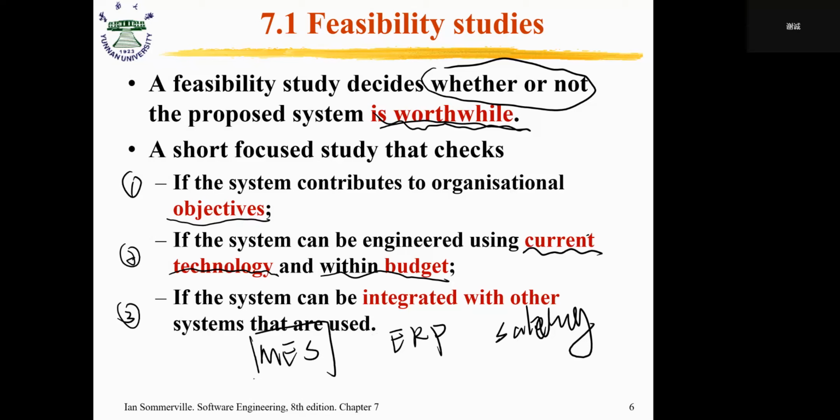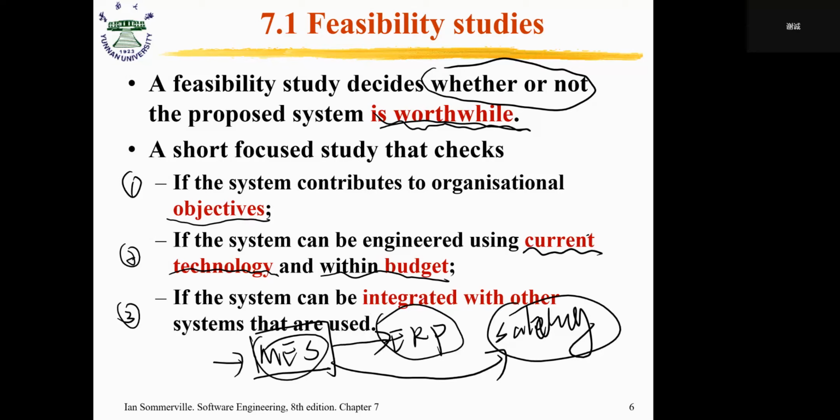So when you finish the MES system, you must consider, can this MES system be integrated with the existing ERP or selling system? If you cannot integrate it, the system you developed is useless. So you must check whether the MES you developed can be integrated with the existing ERP system and the existing selling system.